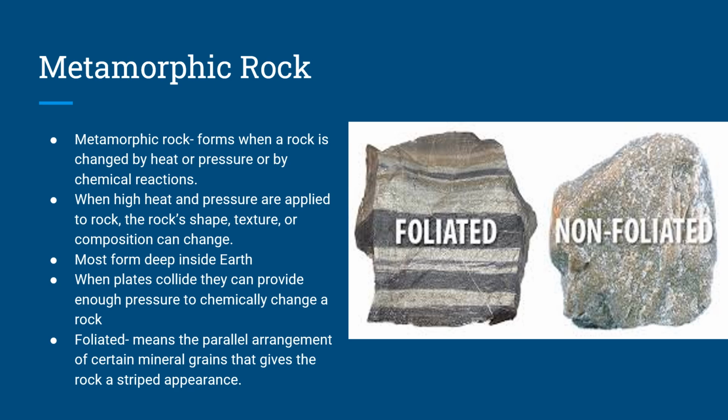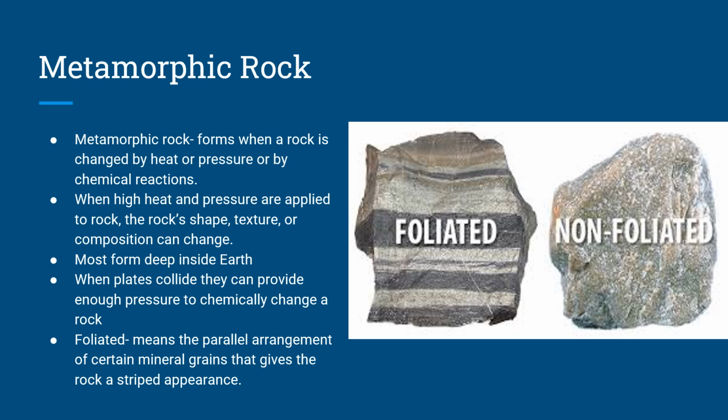All right, so we have granite, which is igneous, and we have gneiss, which is a metamorphic, and it is also foliated because there are those vertical lines there, right? If you put heat and pressure on granite, it is going to turn to gneiss. So we're going to shade in the right section.